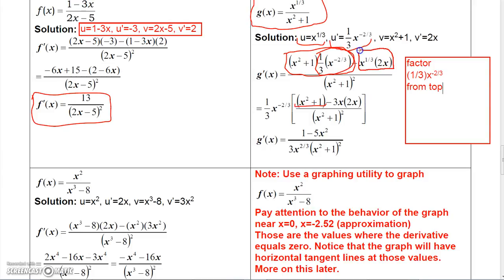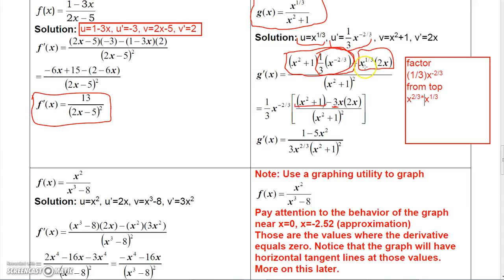But remember, when you factor something out, you're actually dividing it into it to get the result. So if I divide this by 1/3, it would be the same as multiplying it by 3. So that's where that 3 comes from. And then if I divide this by x to the negative 2/3, that's the same as multiplying this by x to the positive 2/3.